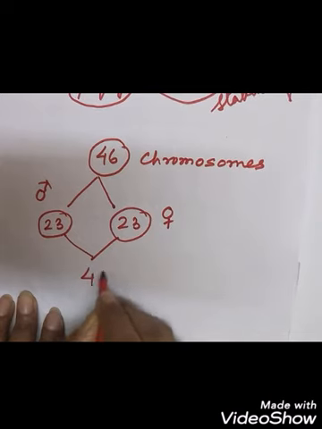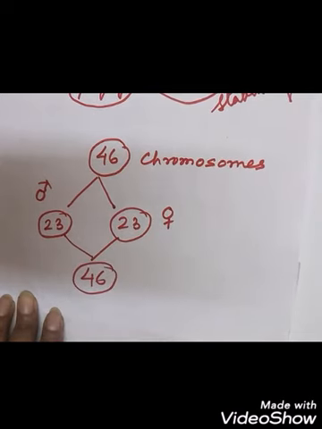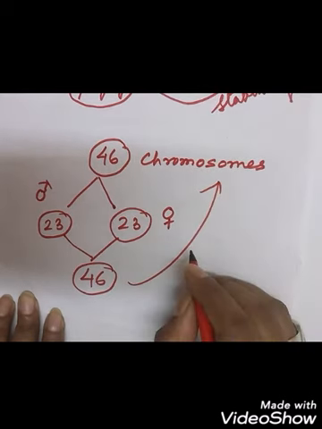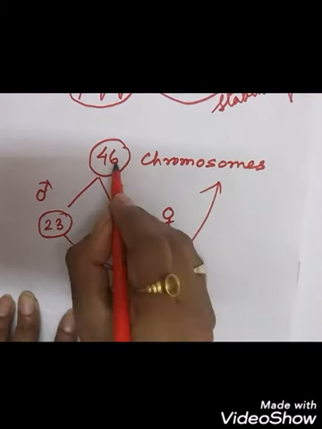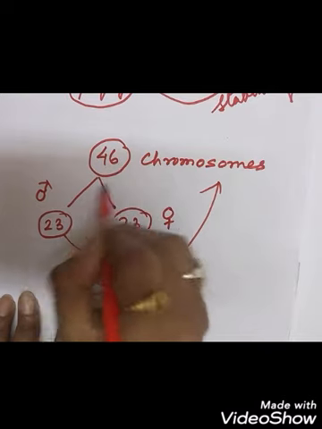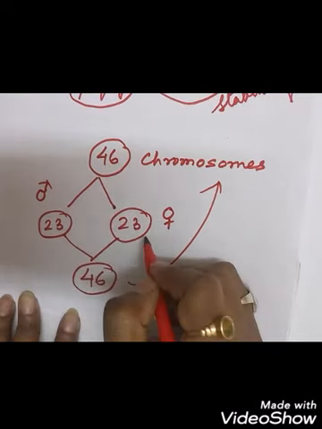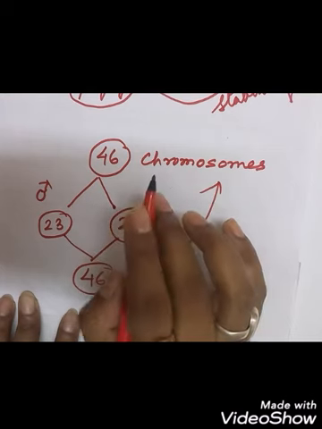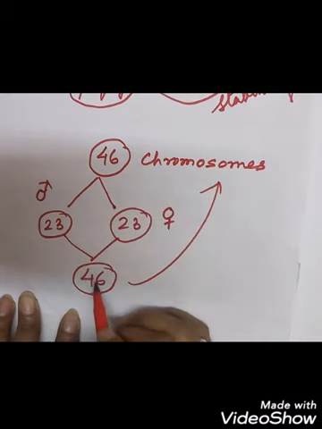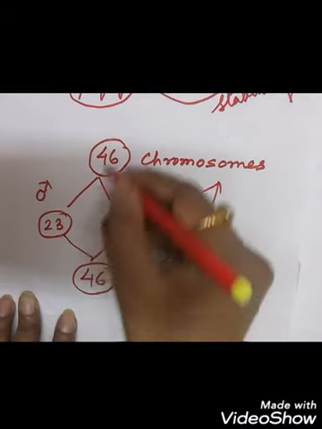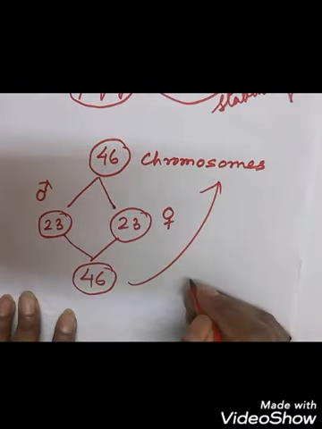So how many will be formed? 46. So is this showing the DNA stability? Yes. The human being produces the male gamete and the female gamete. Gametes only unite, and after uniting they produce the progeny or the child, which will contain the same number of chromosomes as the parents.